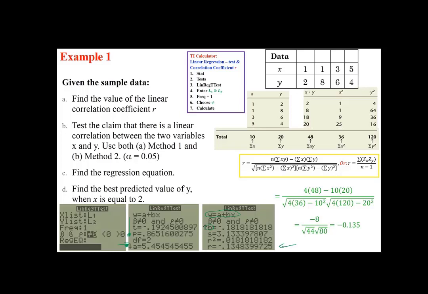If you were to answer part C, you would say Y equals A plus BX, where A is 5.4545, let's say just 5.45, plus BX, that means minus 0.1818x. And then to answer part D, simply look at the column Y.